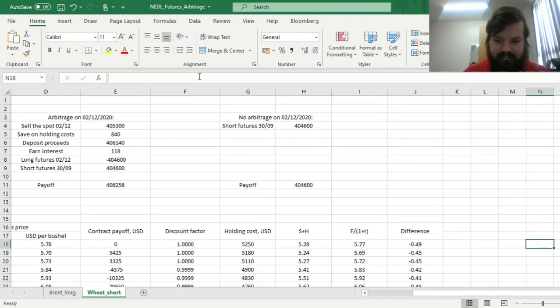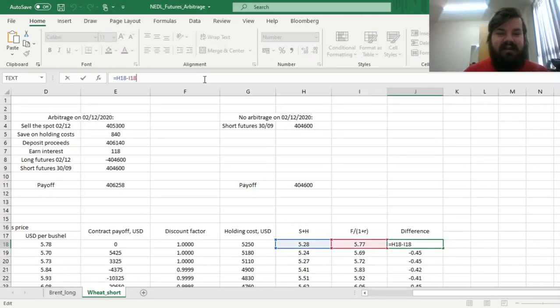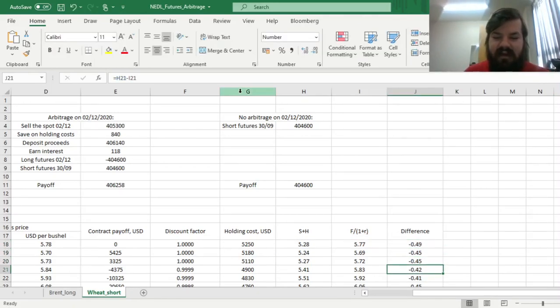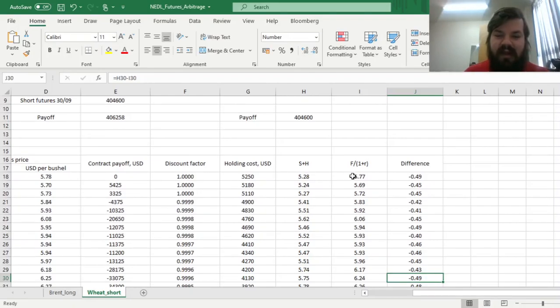And here we can see how this difference evolves through time. We can see that, to start with, the spot market is undervalued with regards to the futures markets, so we made a good decision initially, I guess, to short the futures and not short the spot.